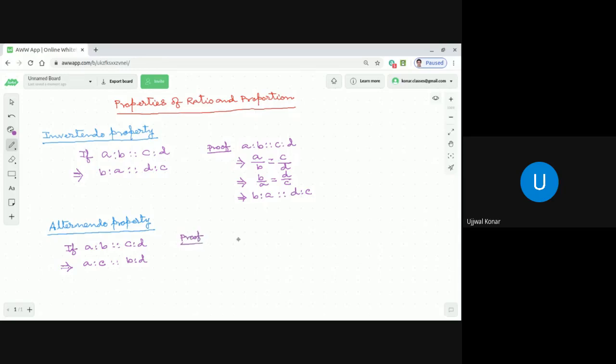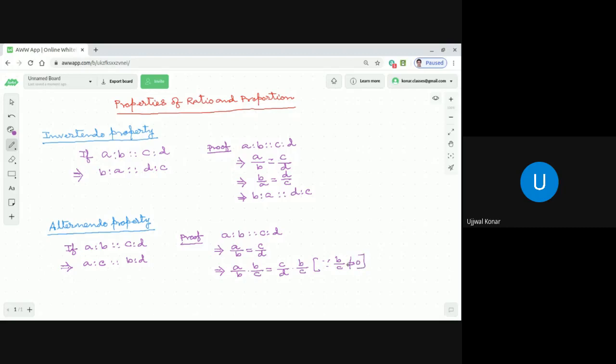How to prove it is that when it is given that the A is to B ratio is equal to C is to D, from here we can say that A by B is equal to C by D. Okay. Now what we are going to do, dear students, is multiply both sides by B by C. So that implies A by B into B by C is equal to C by D into B by C, because B by C is not equal to 0.